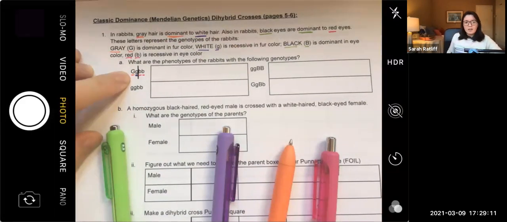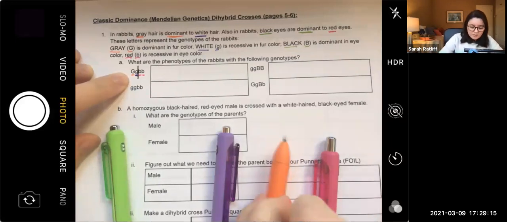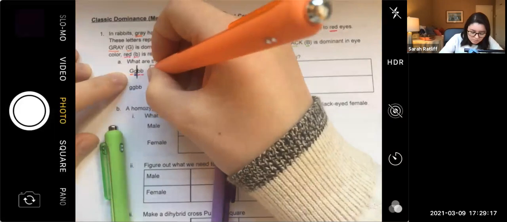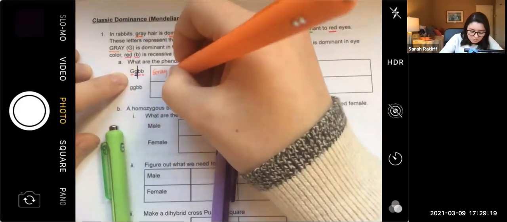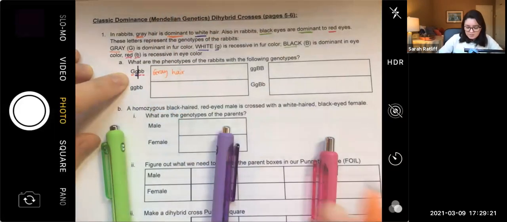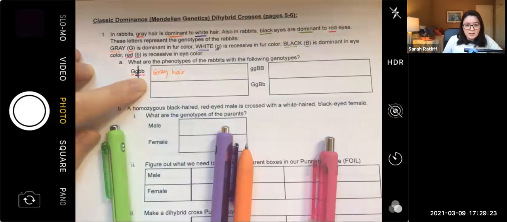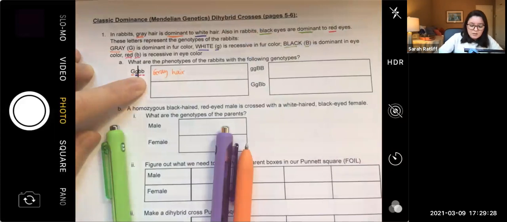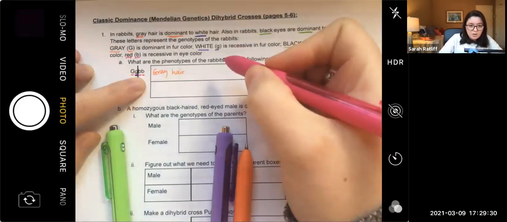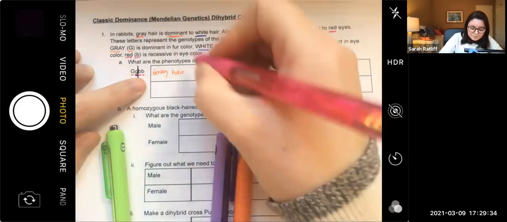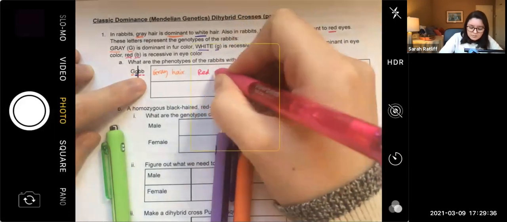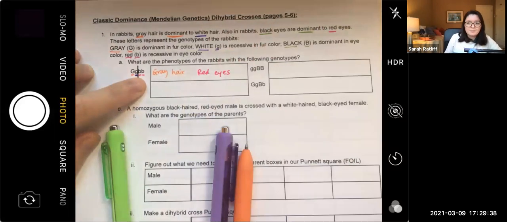So here we got a big G, meaning it's going to be dominant. So we'll be gray. Ooh, it's awkward to write with pencil on my wrist. All right, and then let's look at the eye color trait here. We have little b. That means it's recessive. Homozygous recessive will give us the recessive phenotype of red eyes.